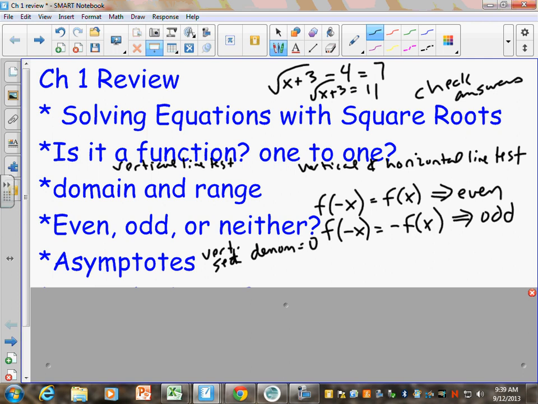But horizontal asymptotes, it's been a while since we did this. Remember, there are rules about the degree of the numerator and the degree of the denominator. You've got to know those by tomorrow. I'm just going to use n and d for numerator and denominator. If the degree of the numerator is smaller than the denominator, your asymptote is y equals 0. If the degree of the numerator is bigger than the denominator, there is no horizontal asymptote.